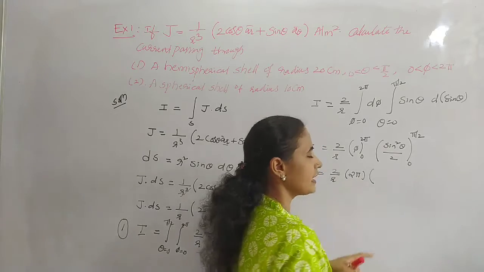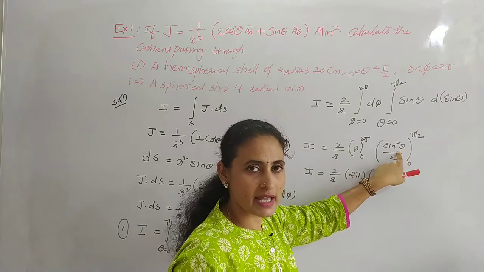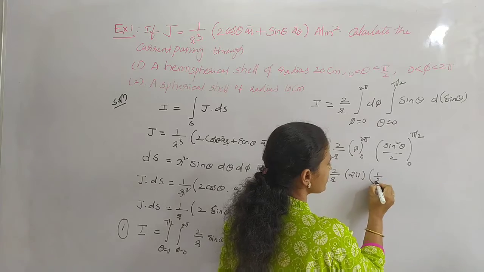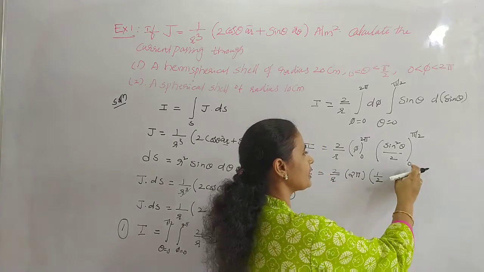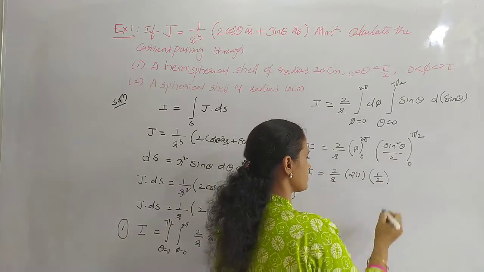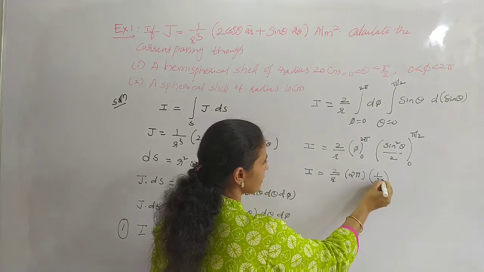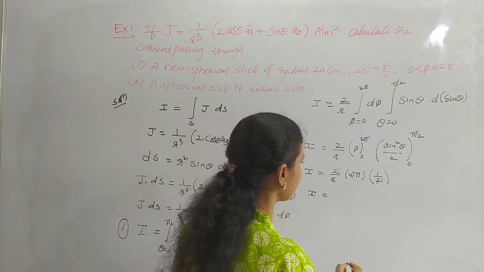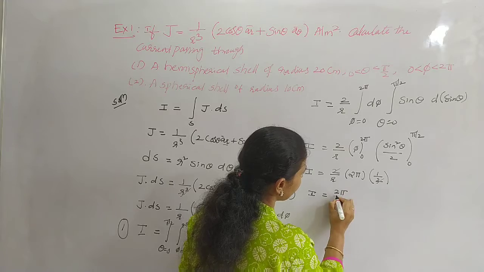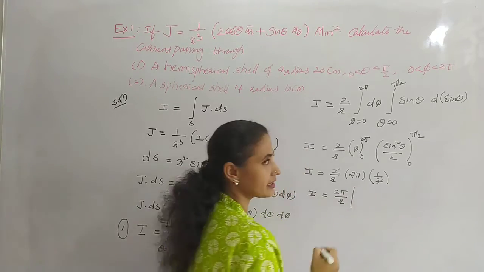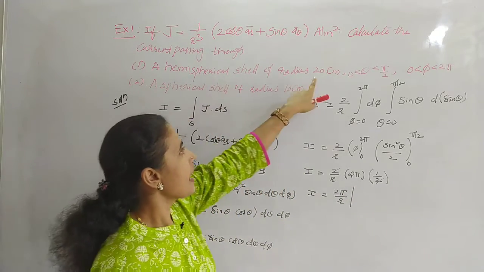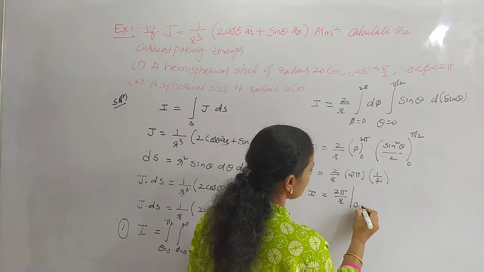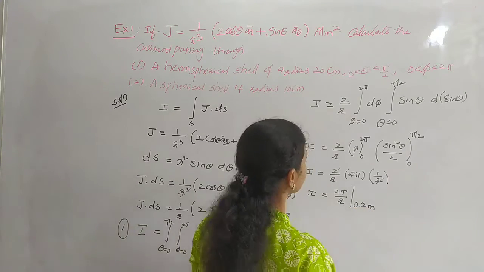If you apply the upper limit, sine pi by 2 is 1, so 1 by 2, 1 square is 1 only. And for the lower limit, sine 0 is 0. So the 2 and 2 are cancelled. The current in a hemispherical shell is given by 2 pi by r, where the value of r is given as 20 centimeters, that is 0.2 meters.